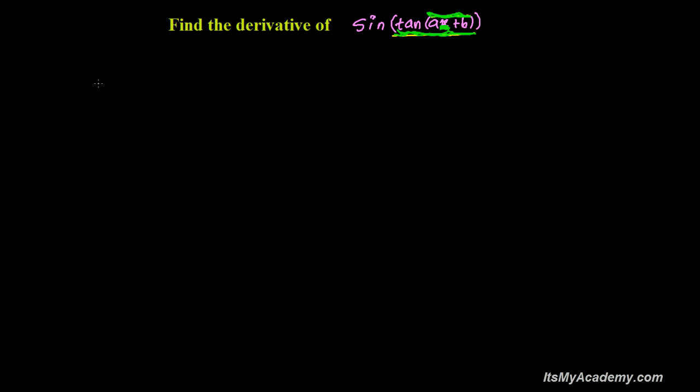Alright, so let me suppose this is my function y equals sine tan ax plus b. To differentiate, let's differentiate both sides with respect to x, dy over dx.